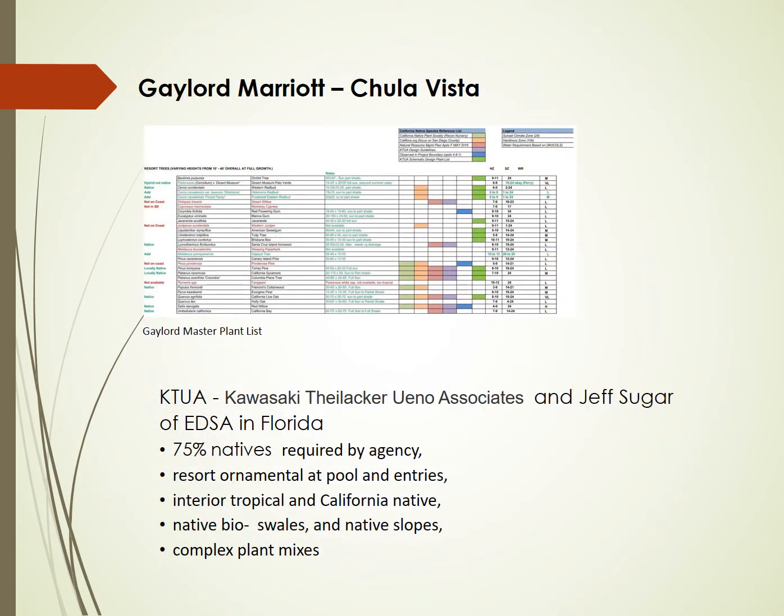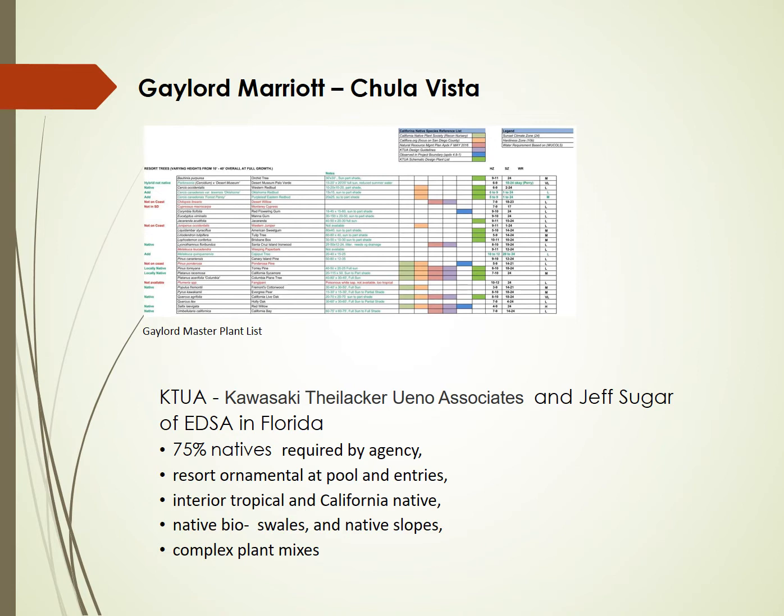The plant list on this page is for the Gaylord Marriott in Chula Vista. The original list was formulated by KTUA in San Diego with Jeff Sugar of EDSA in Florida.